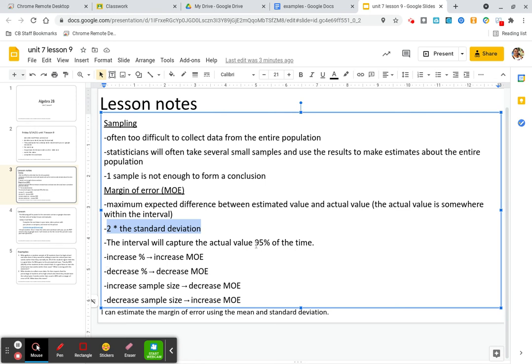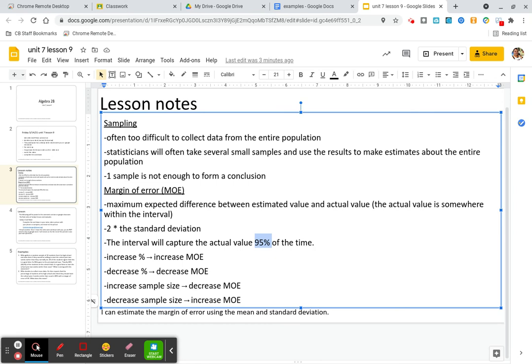So if we increase our percentage, if we wanted to capture the actual value, say 98% of the time, rather than 95% of the time, we would have to increase our margin of error. If we decreased our percentage, we would decrease the margin of error.